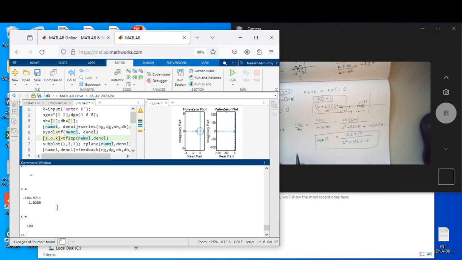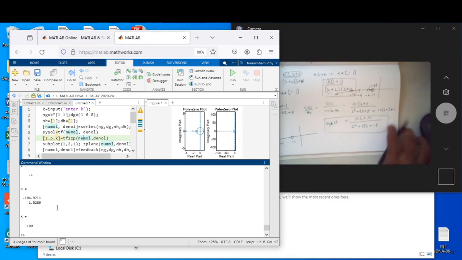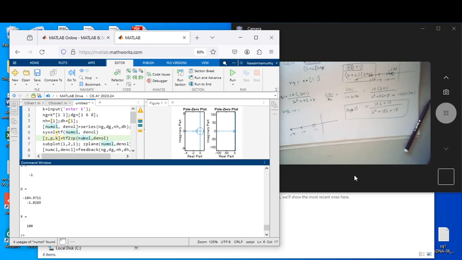What we are trying to understand here is, this is minus 1, the poles were at minus 2 and at minus 4. These were the pole positions. As you increase the value of k, this keeps moving towards the 0, whereas this keeps moving towards infinity.